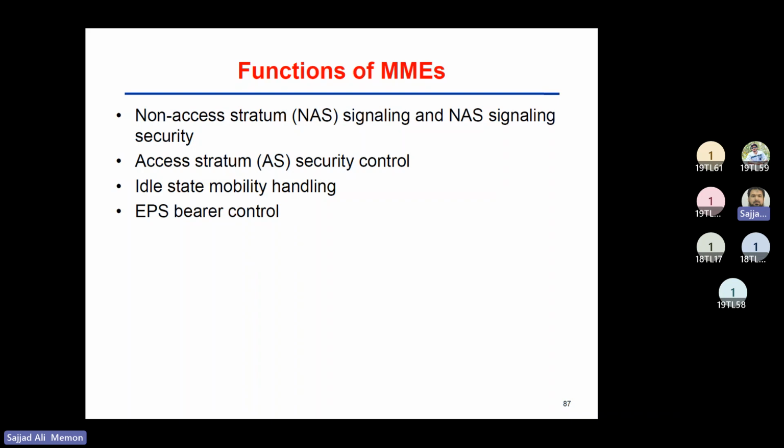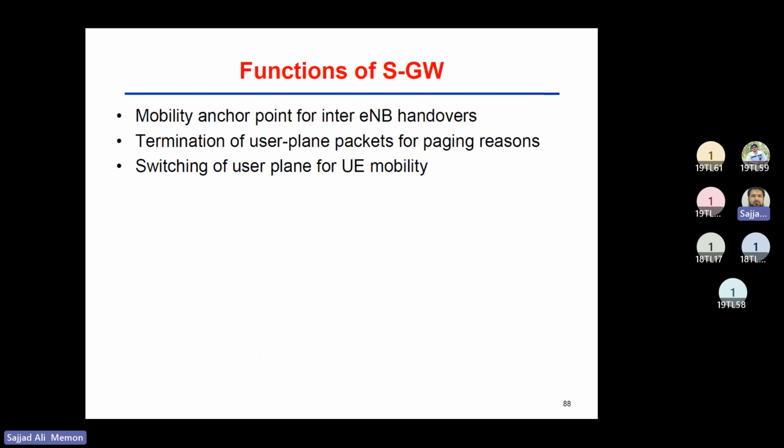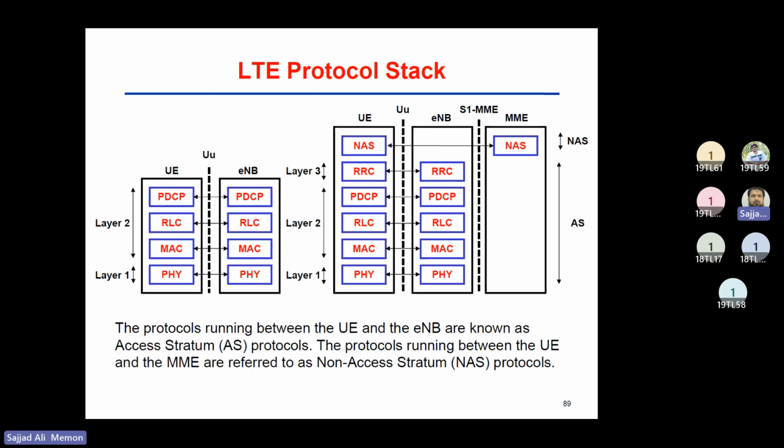Non-access stratum signaling and signaling security, access stratum security control, idle state mobility handling, and EPS bearer control. Mobility anchor point for inter-node handovers, termination of user plane packets for paging reasons, switching of user plane for user equipment mobility. These are the functions of the serving gateway.